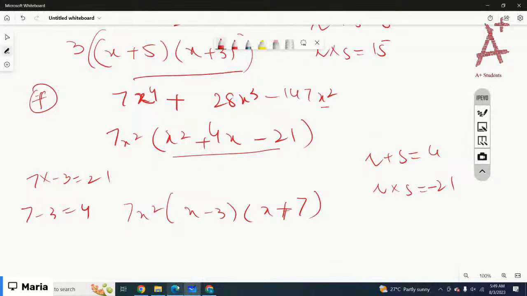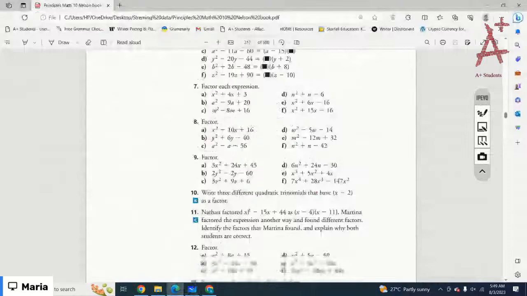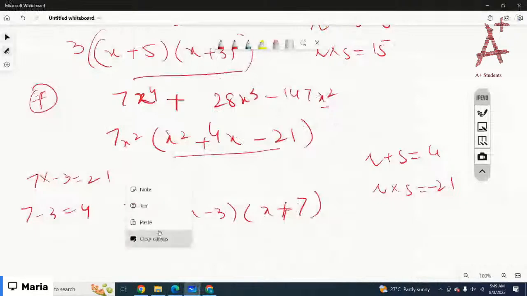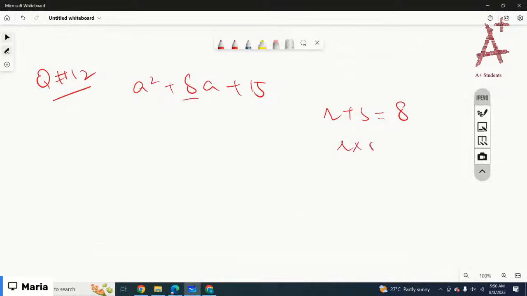Okay, let's look at question number 12. Factor a squared plus 8a plus 15. Think of the two numbers that when you add them make 8, and when you multiply them make 15.